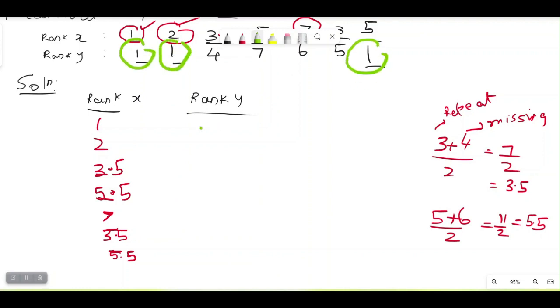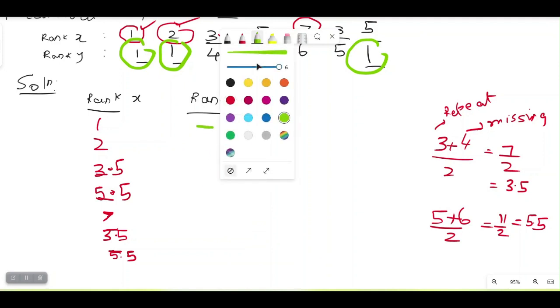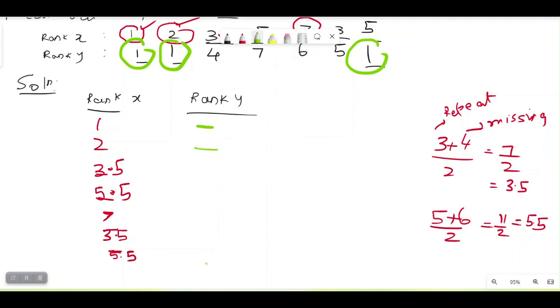So for the moment, I'll just keep a gap at all these ones. 4 is not a problem because 4 is not repeated. 7 is not a problem. 6 is not a problem. 5 is not a problem. The problem is this one.